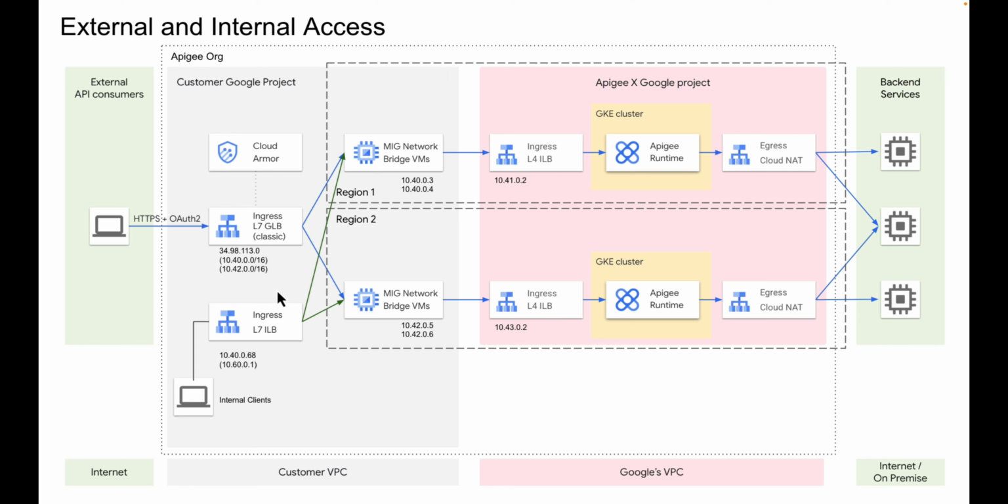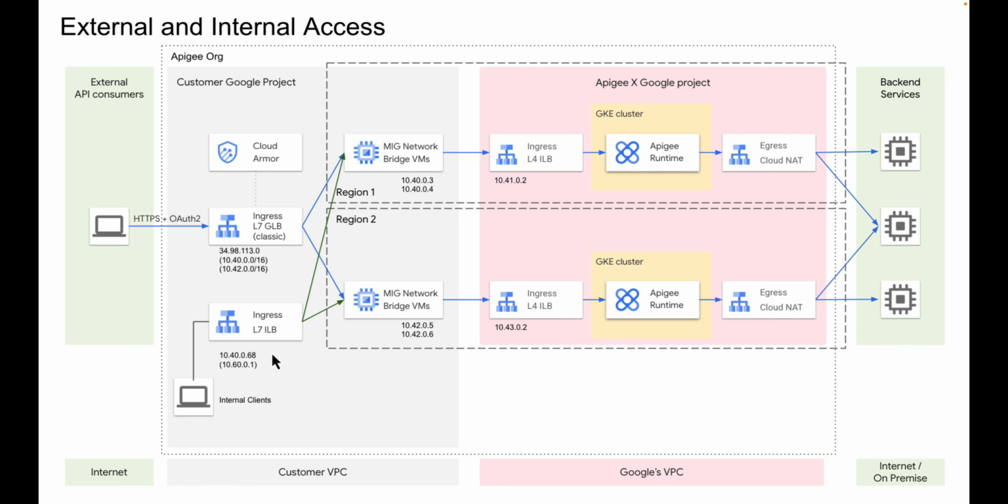Okay, so this is something extremely interesting, because in this case you have much more availability than with one region. With one region, if the region fails, your API traffic will not be able to be executed. If you have two regions, the SLA is better.